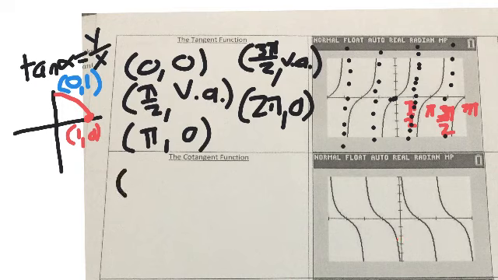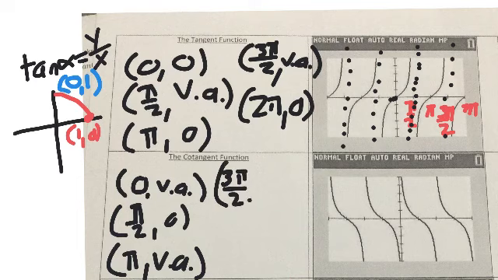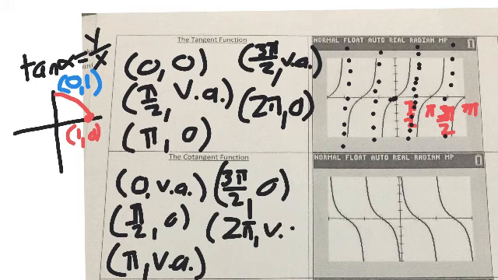So when I think of my critical points for cotangent, they are: 0, vertical asymptote. Pi over 2 is going to be 0. Pi is going to be a vertical asymptote. 3 pi over 2 will be 0. And 2 pi gives a vertical asymptote.